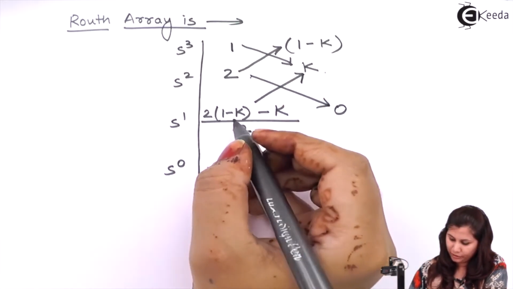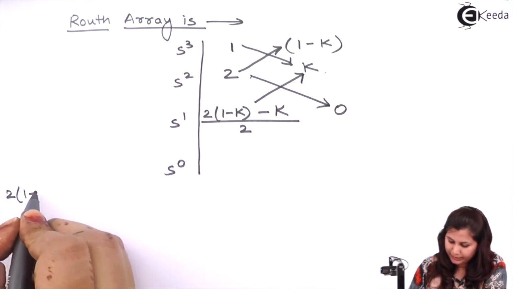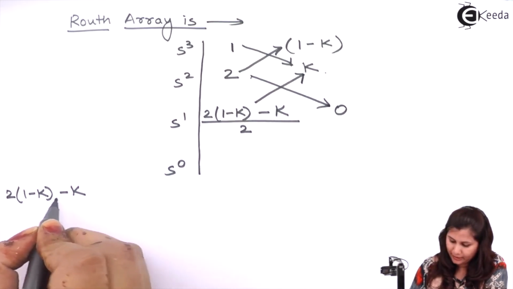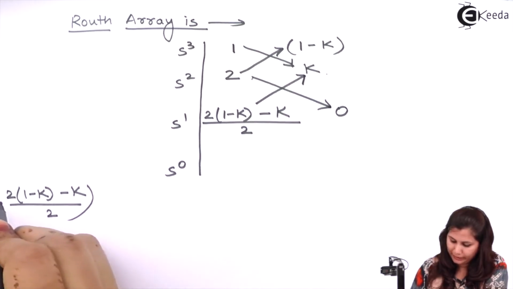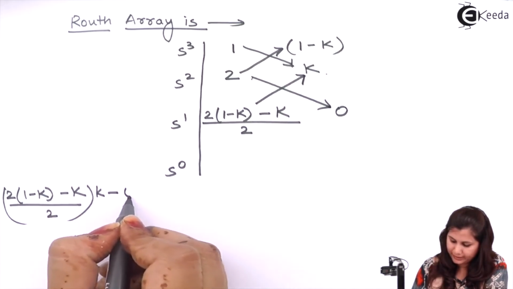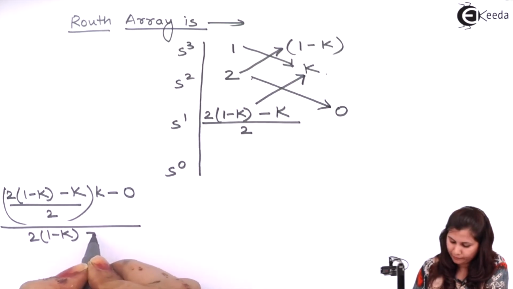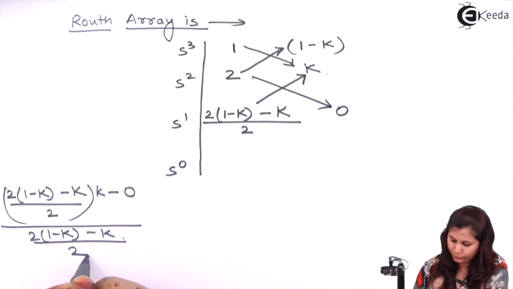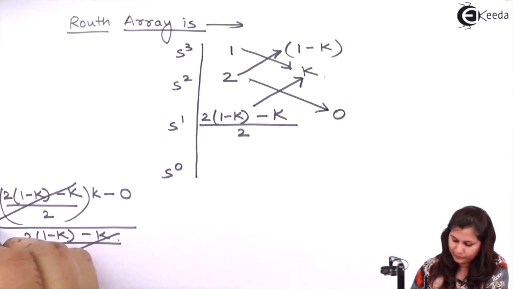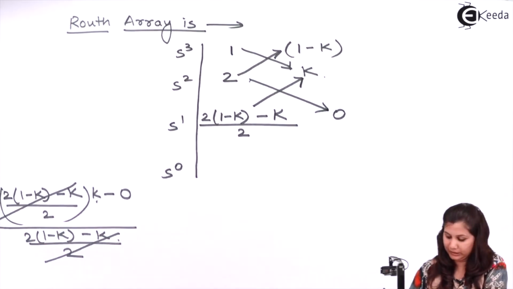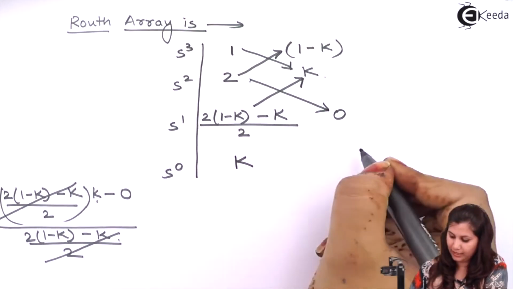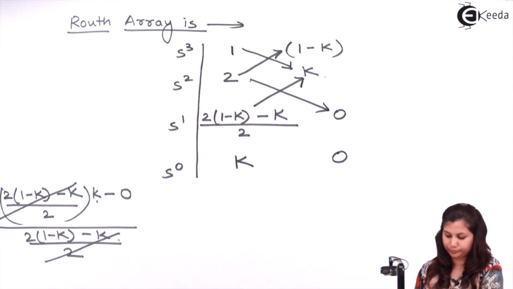So we will have 2(1 minus K) upon 2 multiplied with K minus 0, divided by 2(1 minus K) upon 2. So this and this term will be cancelled. We are left with only K. So here K and this is 0.